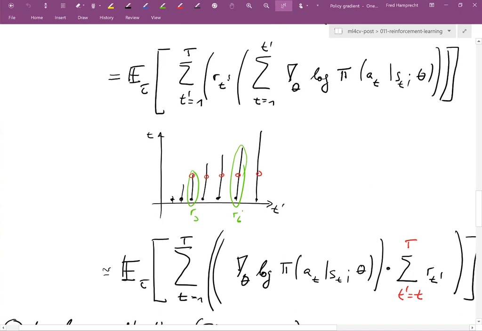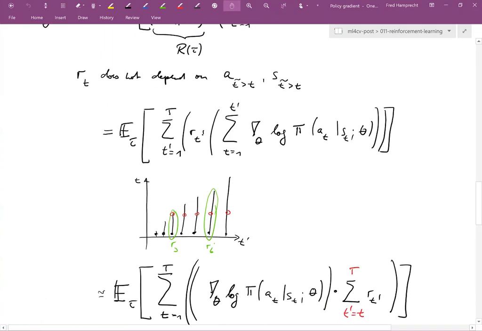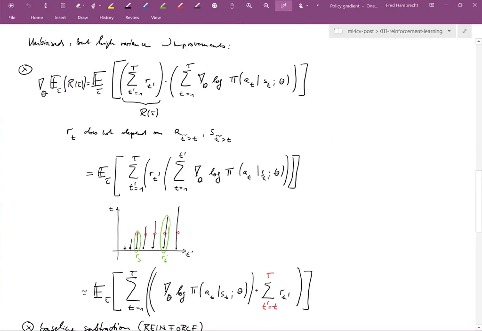And then sum only over the terms that are meaningful. Yeah? So we don't start summation here, but we only start summation at this point, which also helps eliminate terms that only contribute to noise.